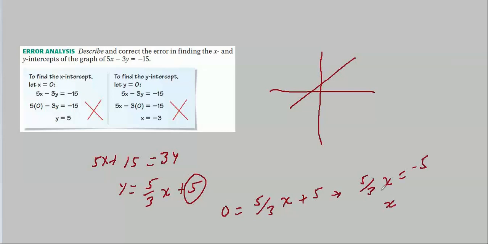Multiply by 3/5 on each side, and we get minus.